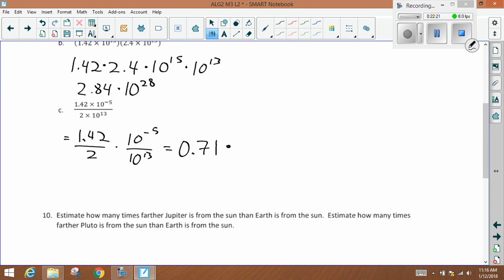And we're going to subtract our exponent, so this is going to be 10 to the negative 18th power. We still got to move this decimal over so that it's in proper scientific notation. And what's going to happen? We moved the decimal this direction, right? Which is going to make it more negative.